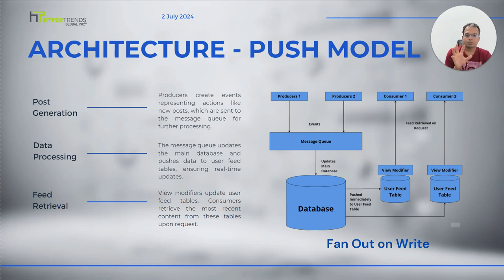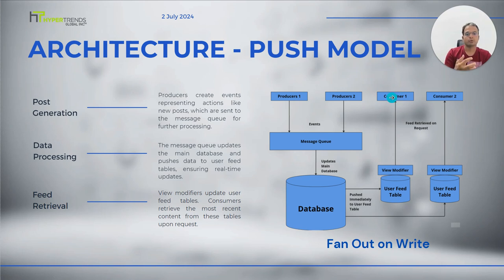So in the push model, what is the main difference? The data is proactively processed. I mean, it is processed in such a way that whenever the consumer wants to retrieve that data, it is readily available. It is already prepared and stored in such a way that we can just retrieve it at the trigger of the consumer's request, right?